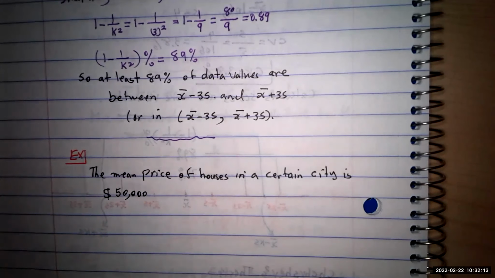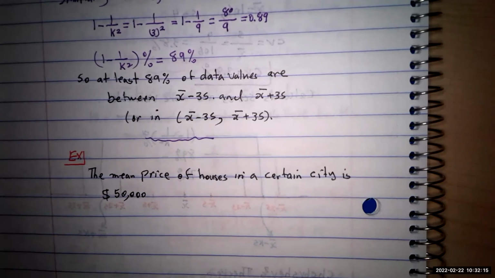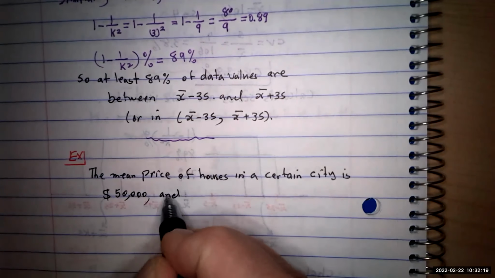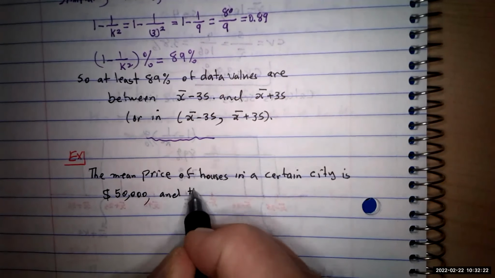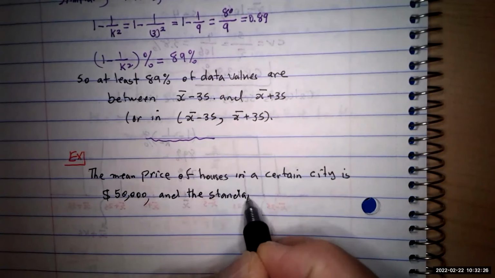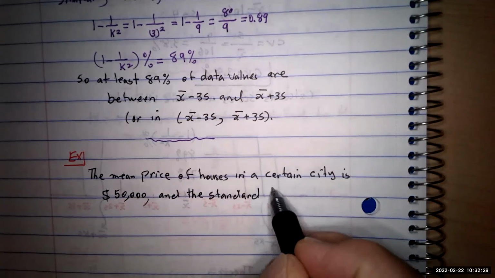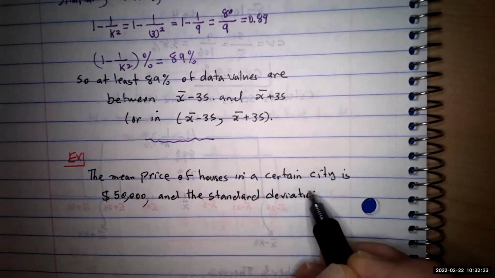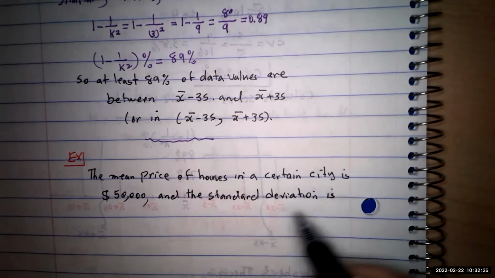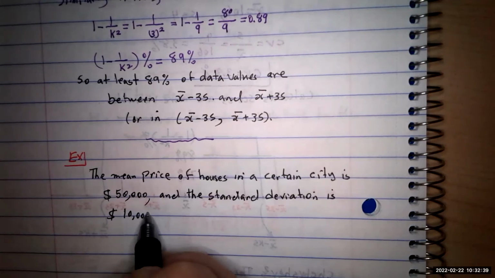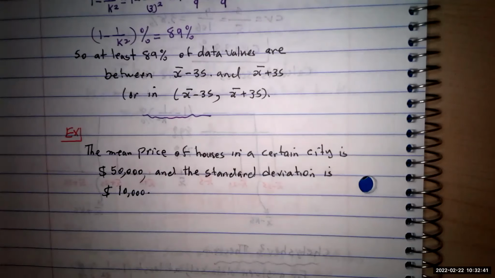So the mean price of houses in a certain city is $50,000, and the standard deviation is $10,000. Always it is the case that X bar and the S would be given to you.